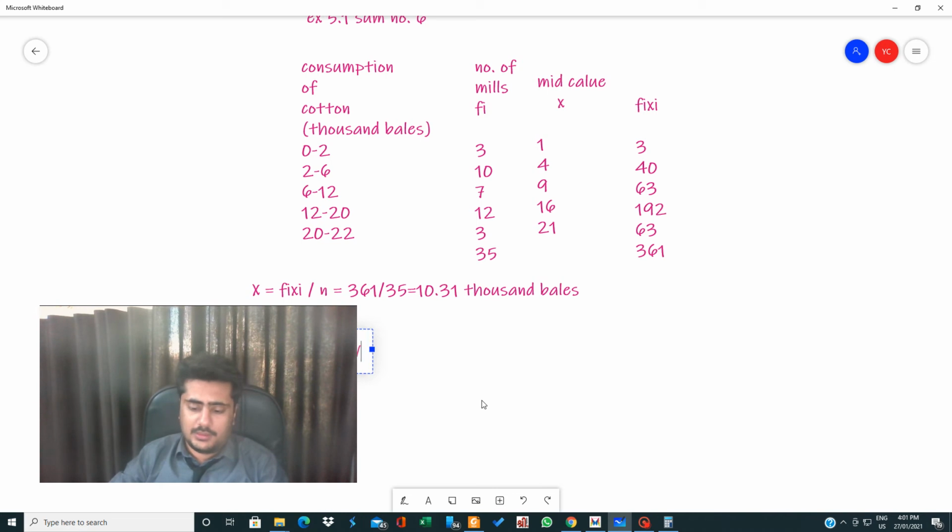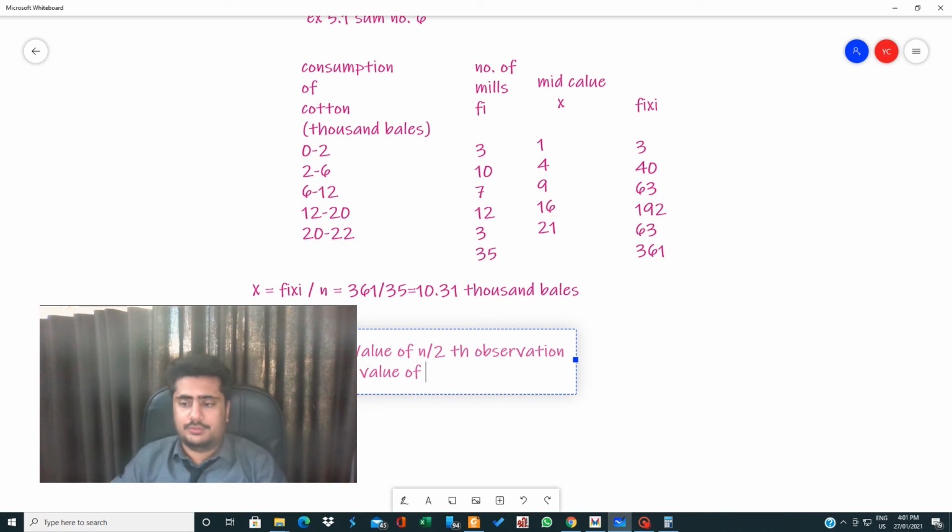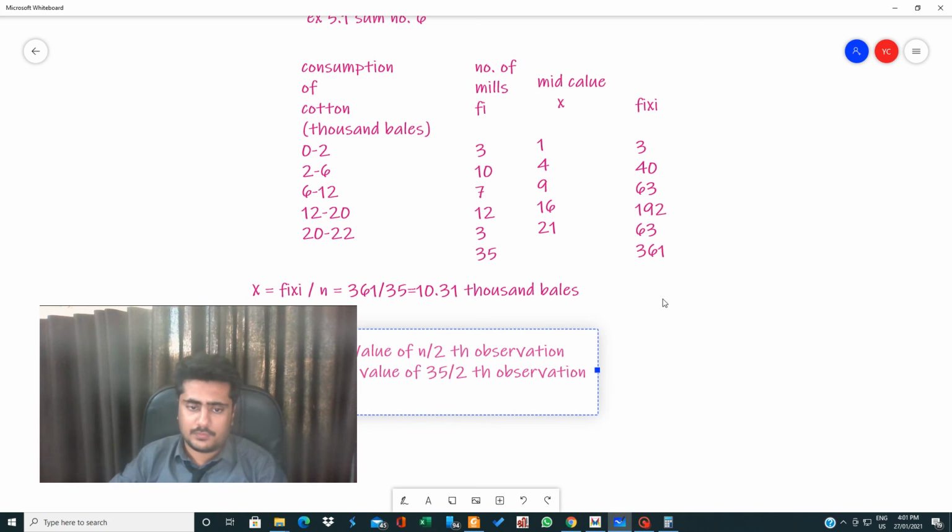Now your median is the value of n by 2 observation. So this is the value of 35 by 2 observation, so it is the value of the 17.5th observation.